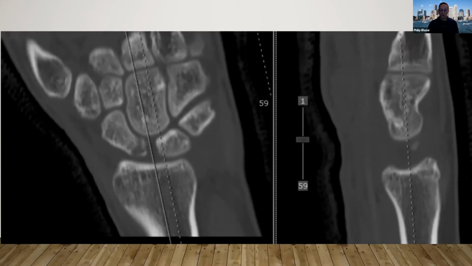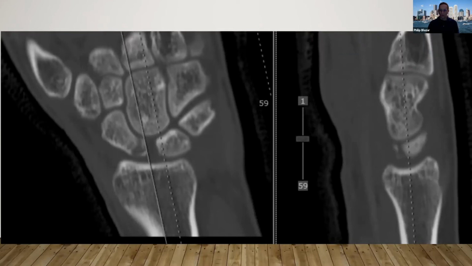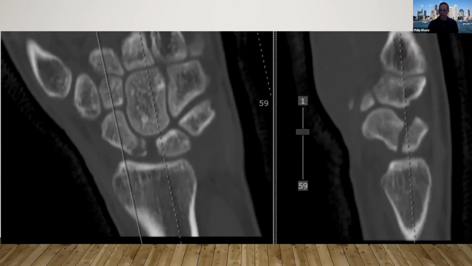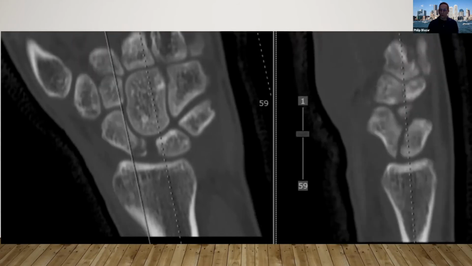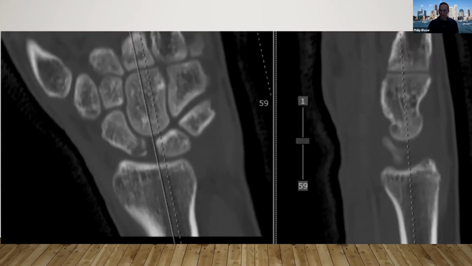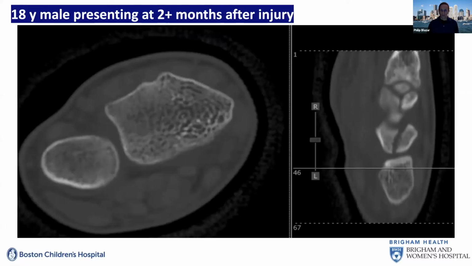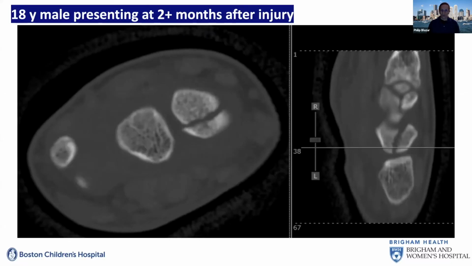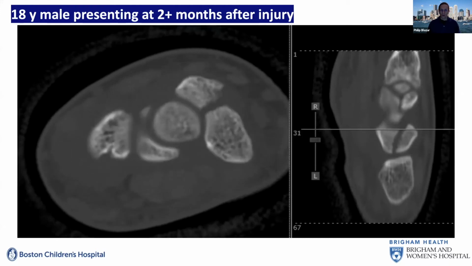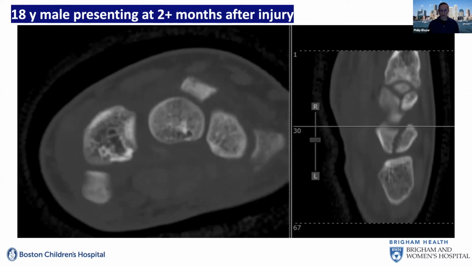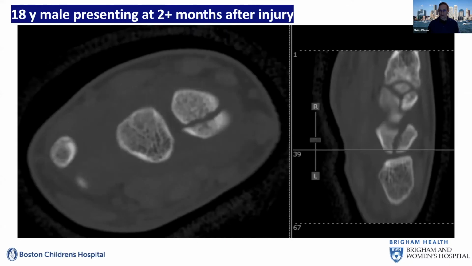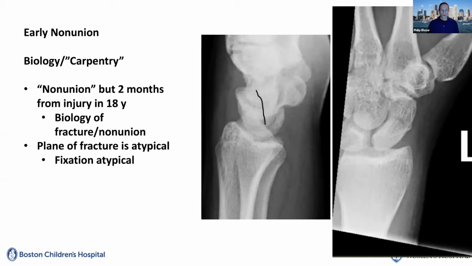Now, this is a CT scan not formatted in the plane of the scaphoid, but I think for deciding that this is clearly a non-united scaphoid with a somewhat unusual plane of injury is perfectly adequate. And here are the images in another plane just running through here. As you can see, again, this displaced non-united scaphoid.